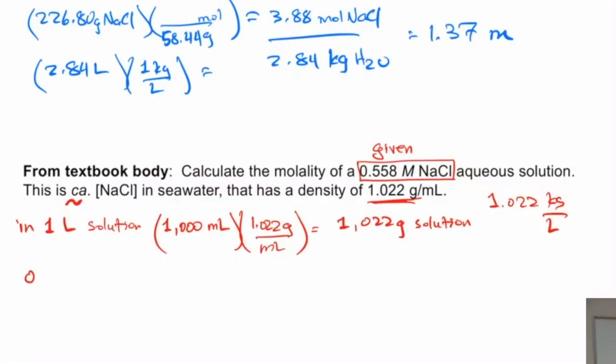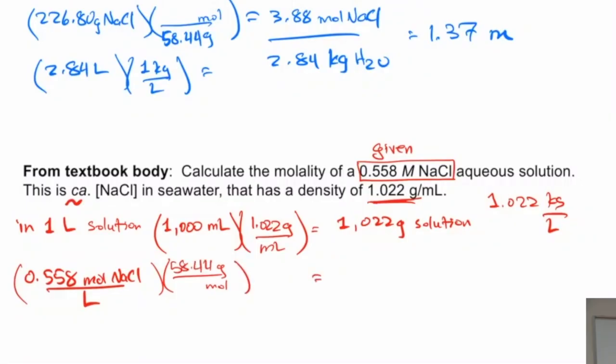So we've got 0.558 moles of NaCl per liter. Well, what's the mass of that? Well, we know the mass of NaCl, right? We just did that. So now we need moles in the denominator and grams in the numerator. 58.44 grams per mole. Now I'll know how many grams of salt there was in that solution.